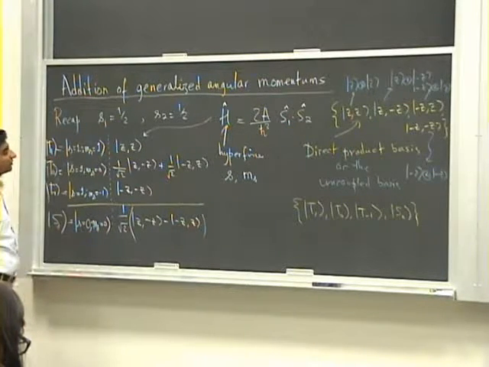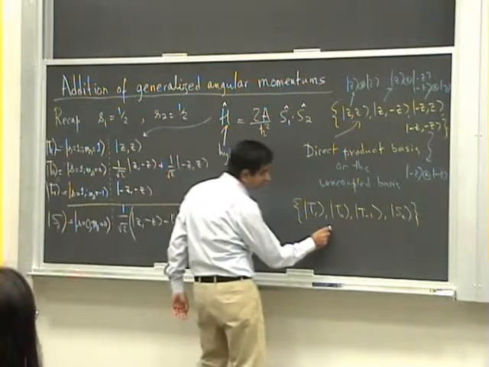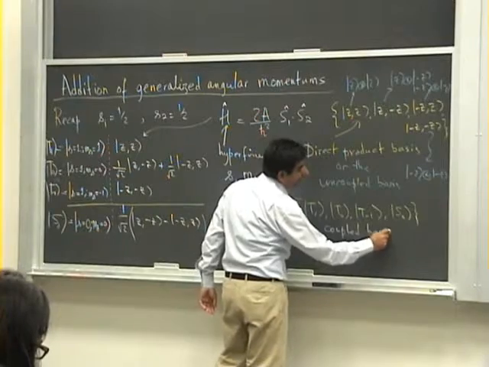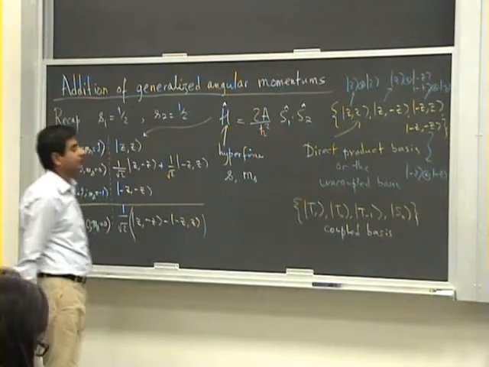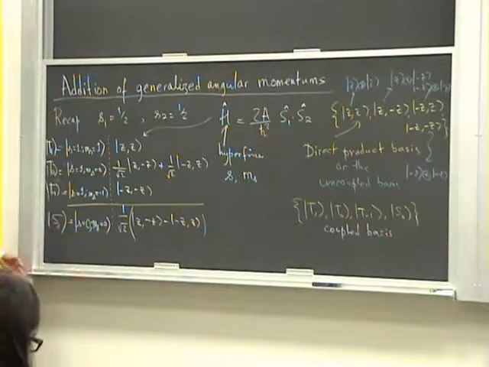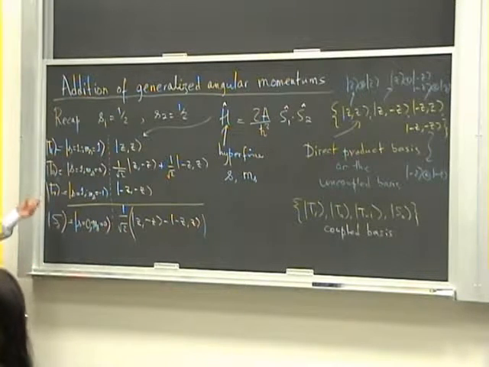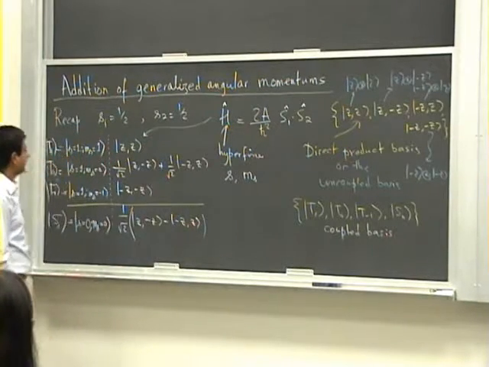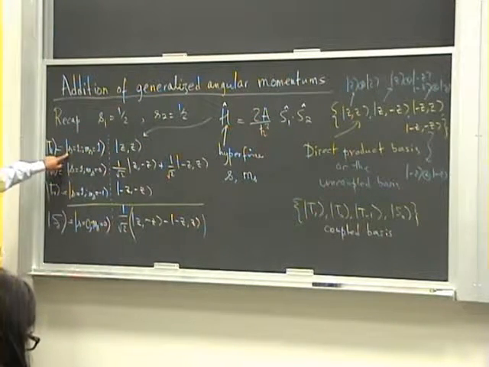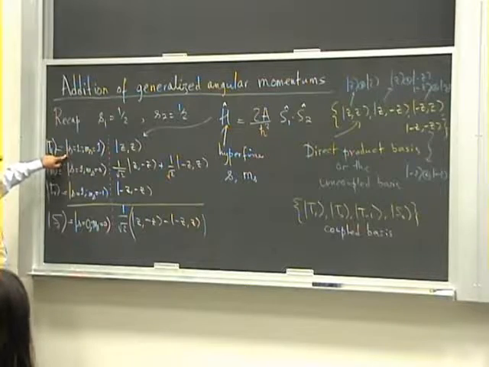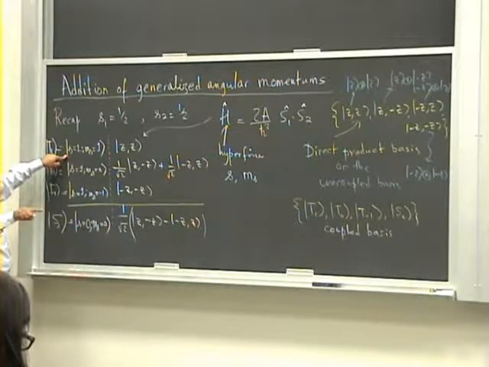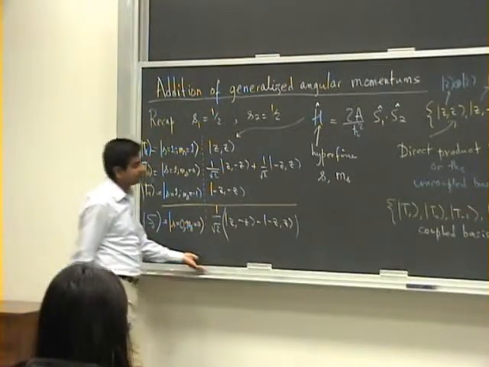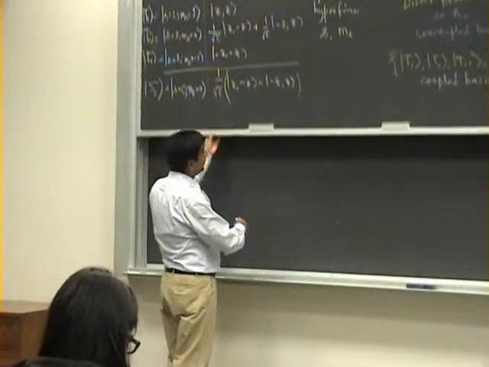And what's so special about this basis, which is called the coupled basis? The speciality about this coupled basis, which really means the convenience of working in this basis when we're dealing with an interaction Hamiltonian of this kind, is that the states correspond to precise values of the total angular momentum and the Z component of the total angular momentum.